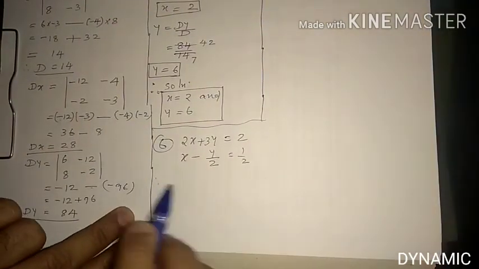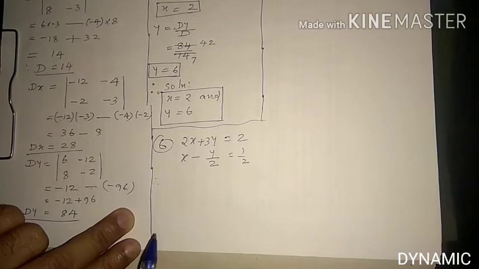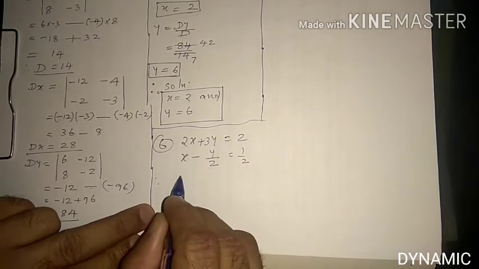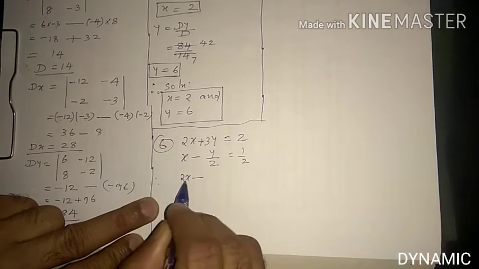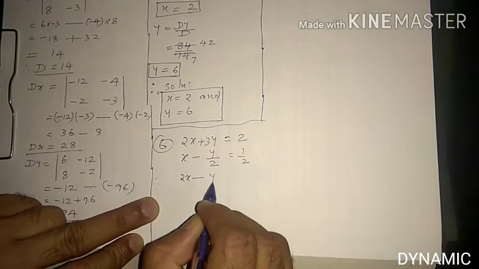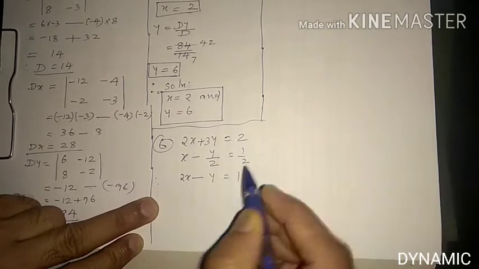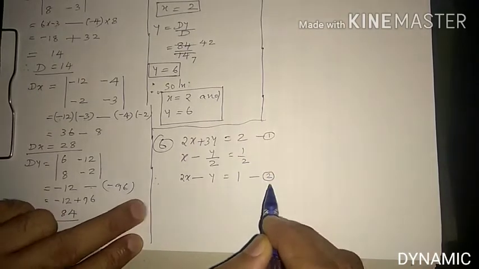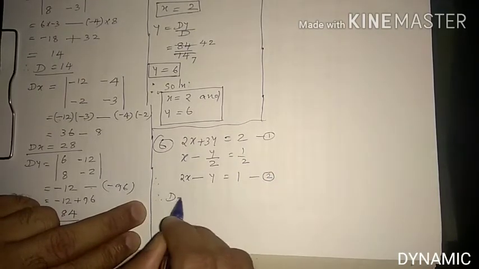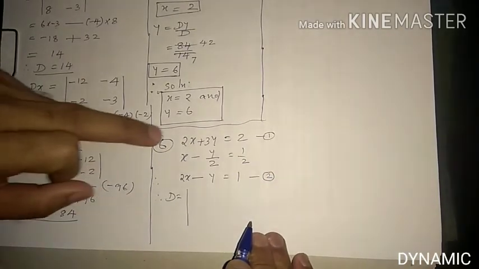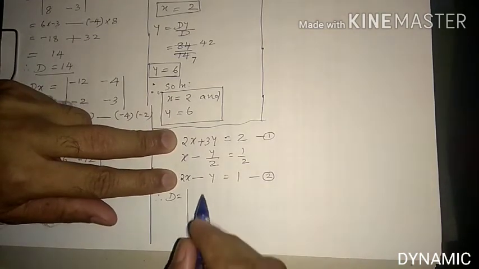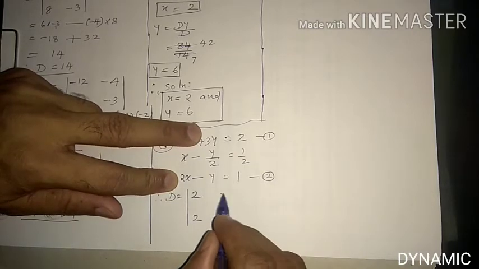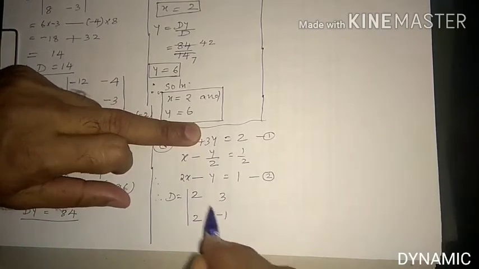Actually, here we can avoid the denominator by multiplying by 2. We do that way. 2 into x is 2x, and y by 2 times 2 cancels, giving y. This is our first equation and this is the second equation. Therefore, D equal to the x coefficients 2 and 2, y coefficients 3 and minus 1.